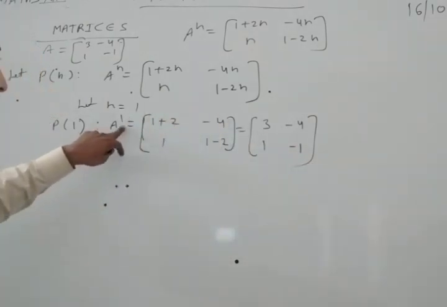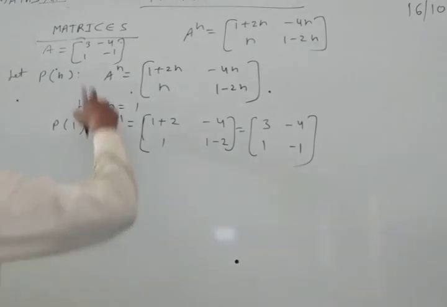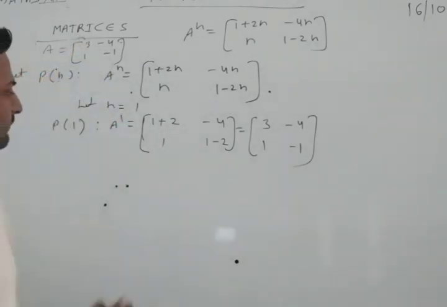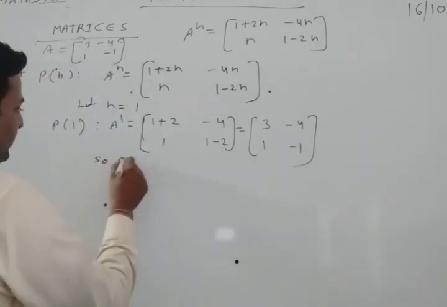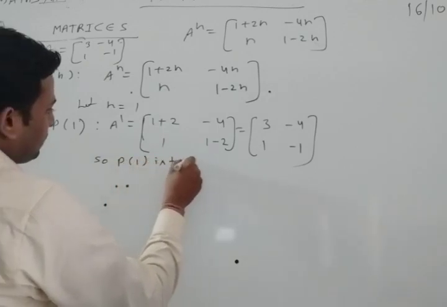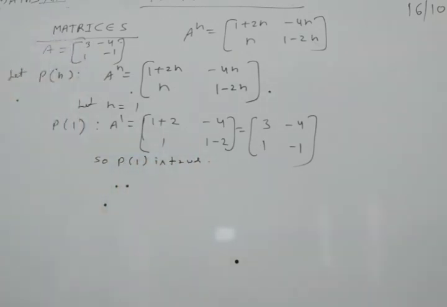Sorry, it is A to the power 1. Okay, so A is equal to 3, minus 4, 1, minus 1. So P1 is true.